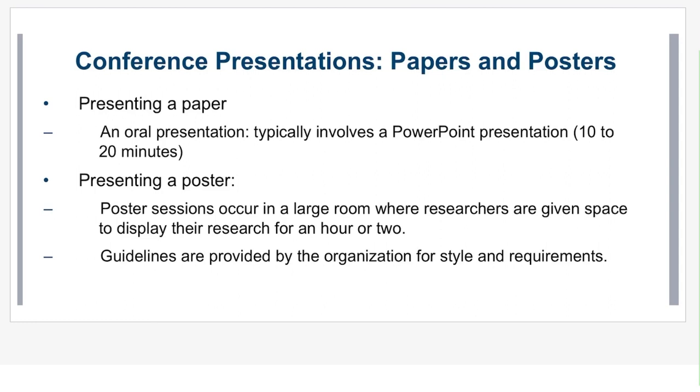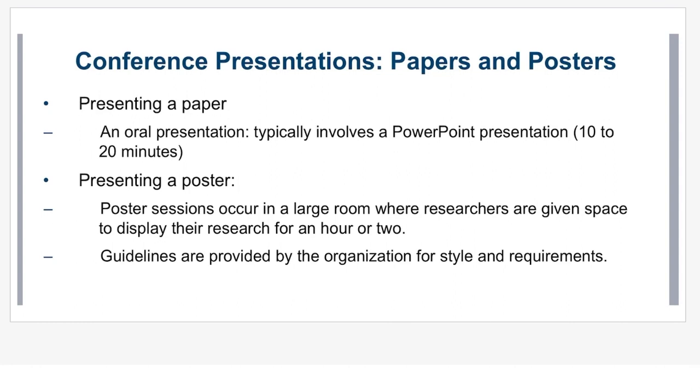A poster is kind of the same thing, except it's in poster form, and guidelines for that is usually provided by the organization that is hosting the conference, and it's usually in a large convention hall, conference hall type place.